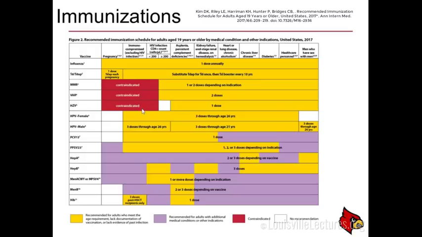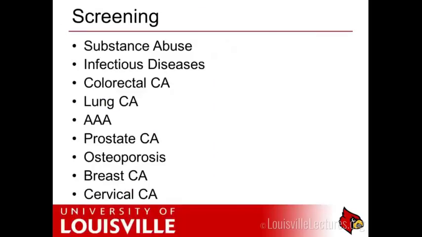But if it's been greater than 200 for more than 6 months, then you can give the MMR and varicella. I think that's the big thing that I wanted to hammer home. That may or may not come up on boards, so that's an interesting thing: you could give it in this big population, but only in some people. Any questions about that?